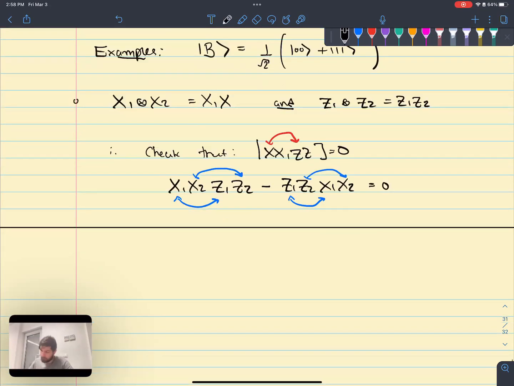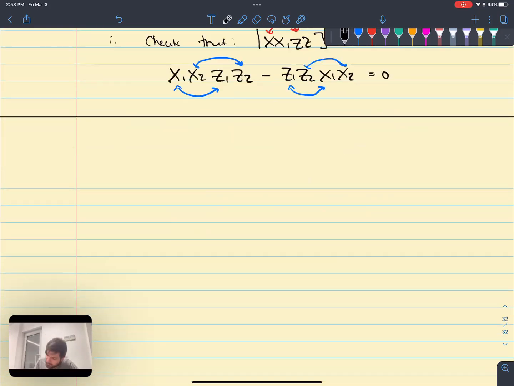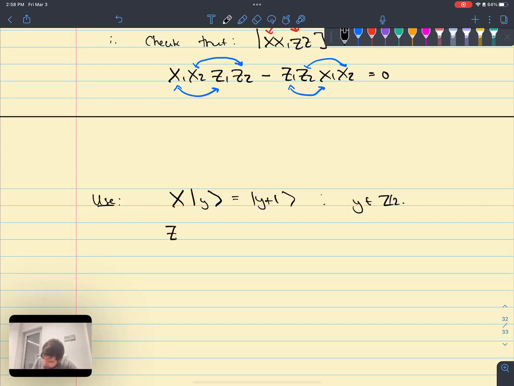So one thing is to show that these actually stabilize the state, but it's also important to see that they do commute as well. So we're satisfying the properties. Also, if X is acting on some computational basis state, then what it does is it adds 1 to it, and we know that Z acting on a computational basis state y is equal to (-1)^y times the state.